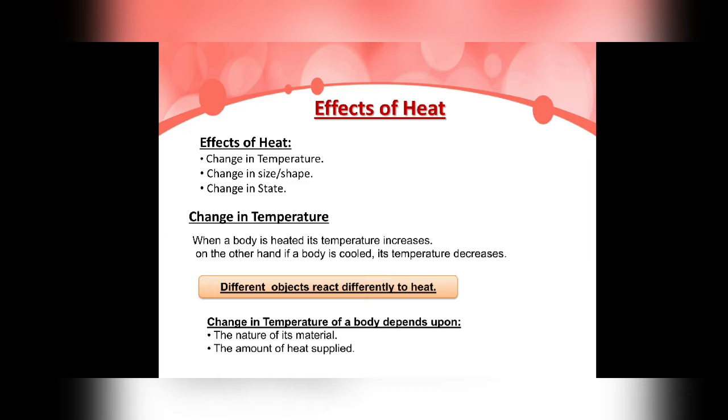Right? So this way different living or non-living things react differently to heat. Now let's learn some of the effects of temperature. When we provide heat to an object or to some body, the changes that may occur in it are: change in its temperature, as its temperature increases; change in size and shape; and change in state.